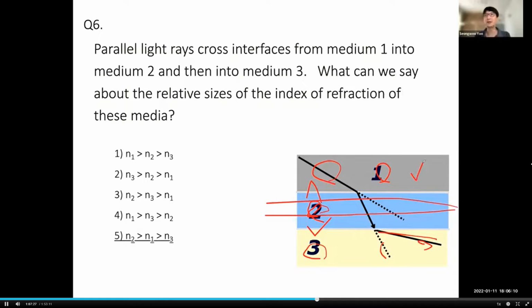In other words, the index of the medium 1 is larger than the index of the medium 3. Therefore, the medium 2 has the largest index, followed by the index 1, and then the index 3. Okay. Any questions on those polling questions, or any other topics so far?